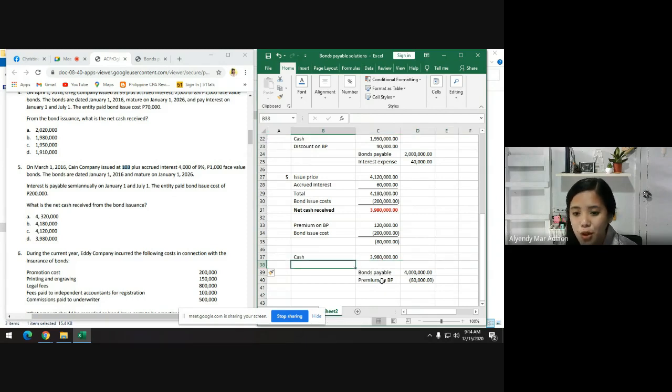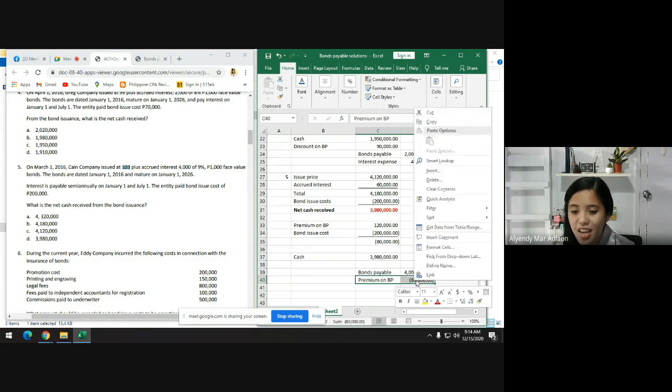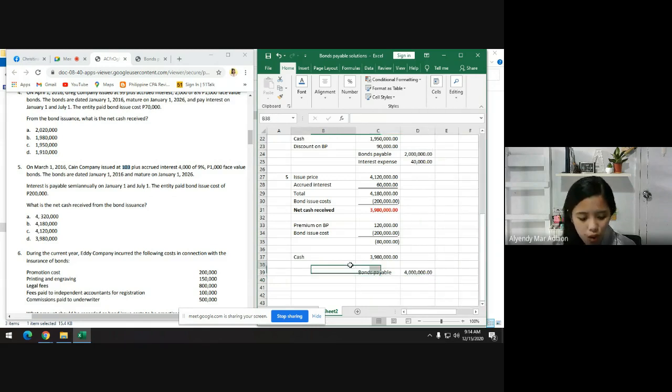Now, kanang premium, dapat credit radyo na siya. So, if ever gali maabot siya sa debit, just like in this case, mahimo na siyang discount on bonds payable. Okay? Discount on bonds payable. Okay, but this does not happen all the time, ha? Now, what if, let's say, ang bond issue cost kay kuan ra, 100,000. So, in that case, premium lagi hapon, no?